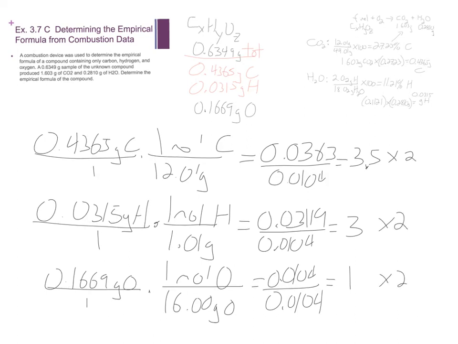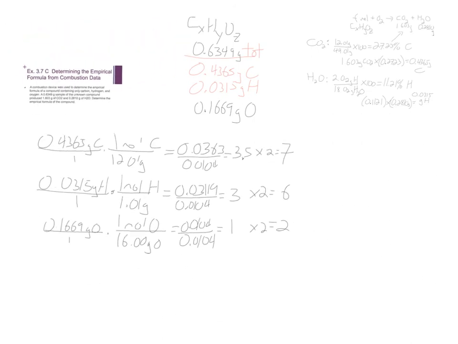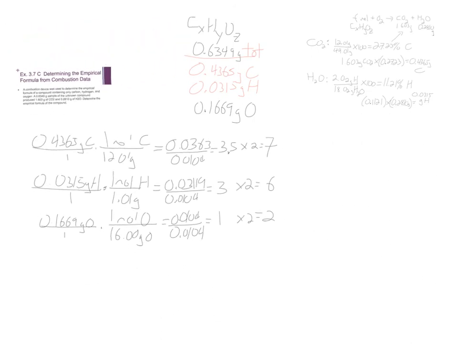Keep them in a 3.5 to 3 to 1 proportion, but how do you get them to be a whole number? This decimal is the only one that's not. If we double that, we get whole numbers. We get 7, a 7 to 6 to 2 ratio. So our empirical formula is C7H6O2.